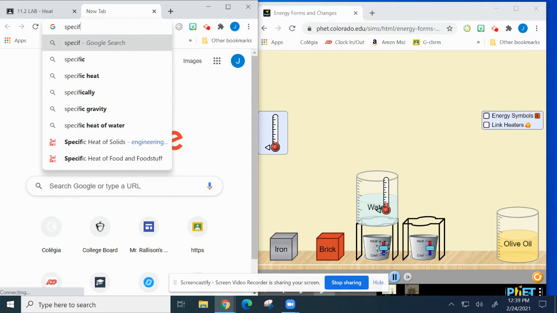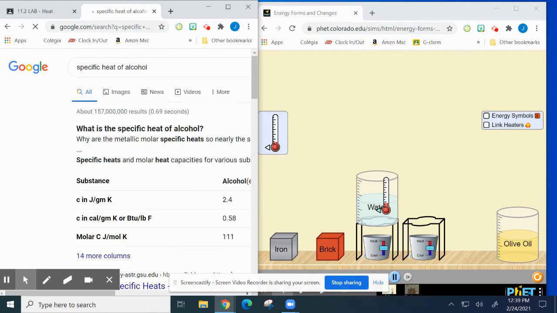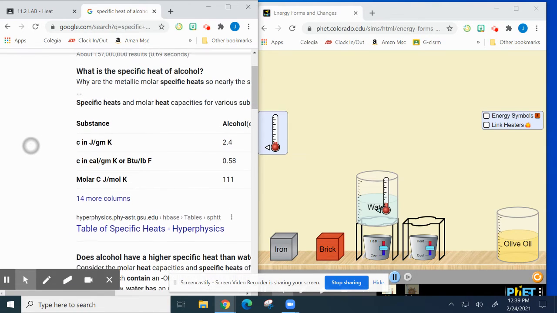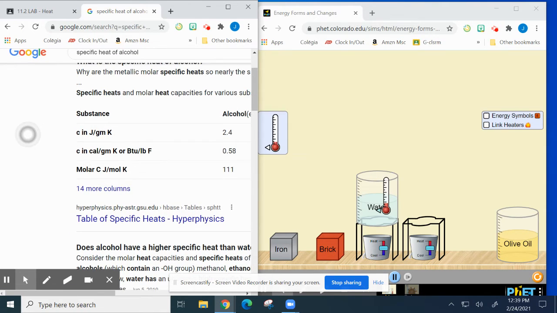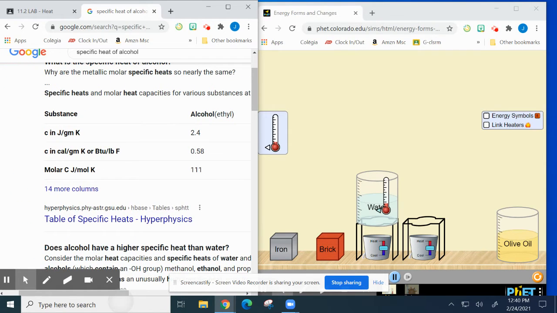Let's look it up real quick. The specific heat of alcohol varies for different alcohols, because there are different kinds of alcohols, right? That's ethyl alcohol.